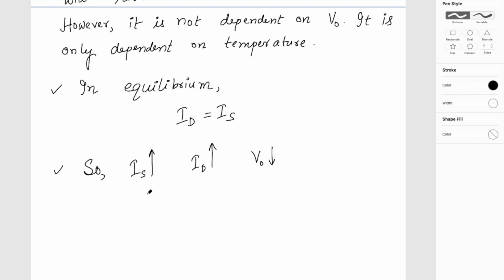I'm describing this by the notation. And similarly, if Is decreases, the Id will also decrease to maintain the balance, and this will happen by an increase in the V0.